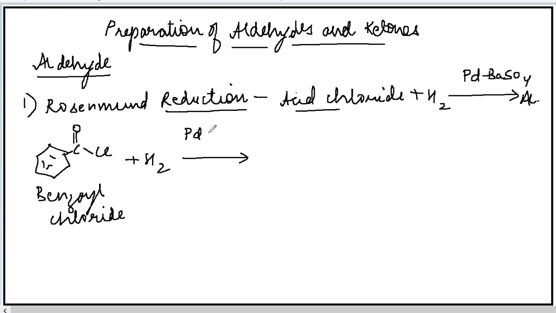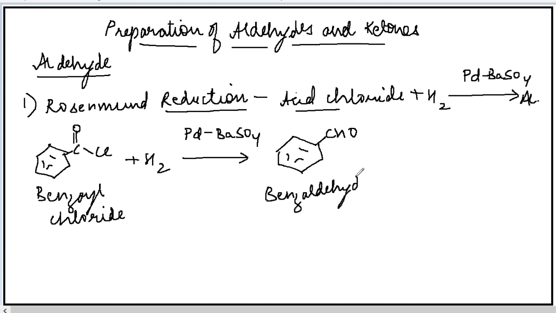The reaction is carried out in presence of palladium on barium sulfate, and as a result benzoyl chloride will get reduced to aldehyde, that is benzaldehyde, and HCl is produced. This Rosenmund reduction is also used for preparation of aliphatic aldehydes.